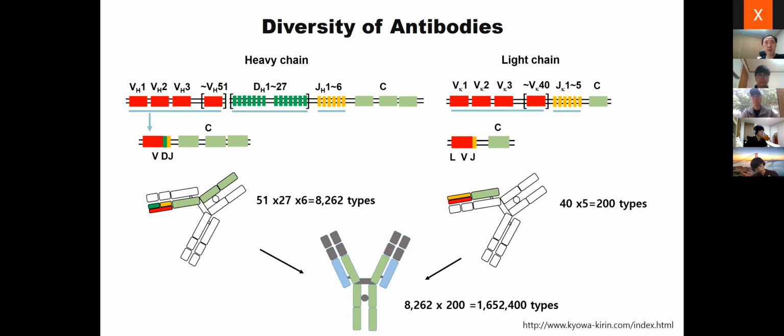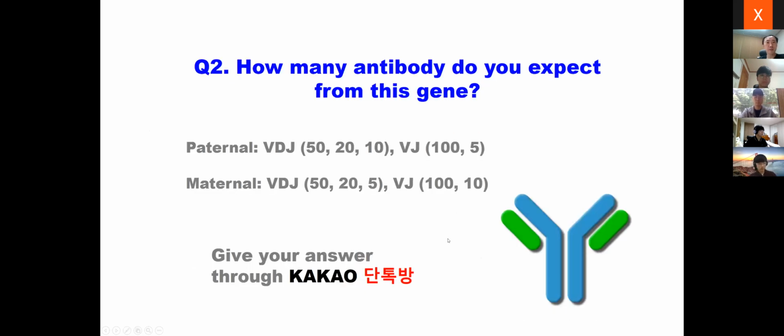Again, one B cell along its lineage, as it differentiates or matures, chooses only one kind. So that means one B cell can generate only one kind of antibody like this. This is not all, because we have two sets of this gene.